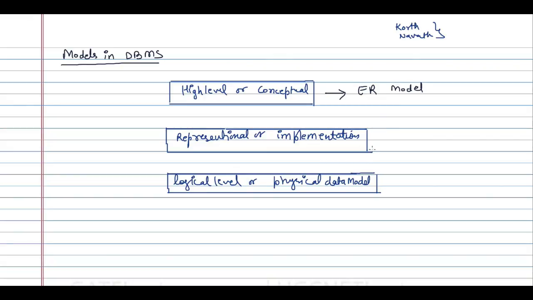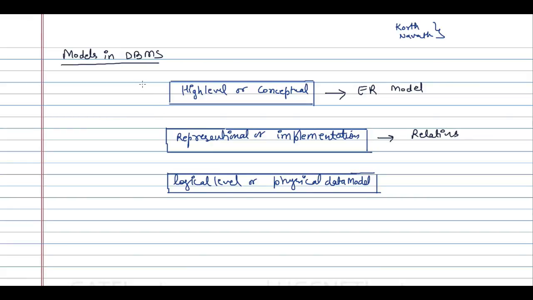When we say representational or implementational model, that means we are mostly going to discuss about the relations. And when we are saying that we are going to discuss about the logical level or the physical level, that means we are going to discuss about what is the actual physical storage of the data, or you can say actually how the database is stored in the memory. Or you can say what is the underlying data structure which we are using.